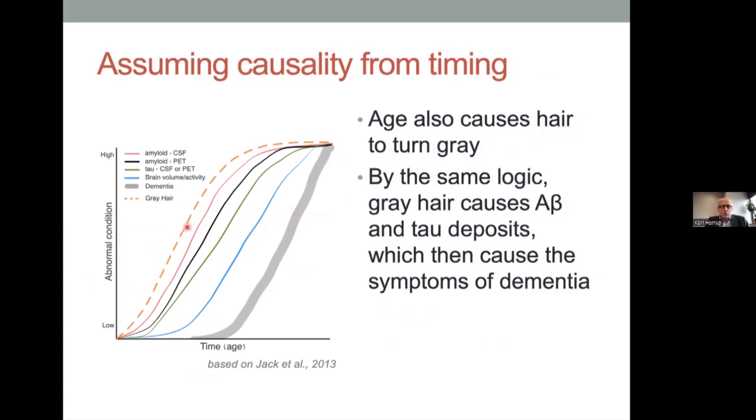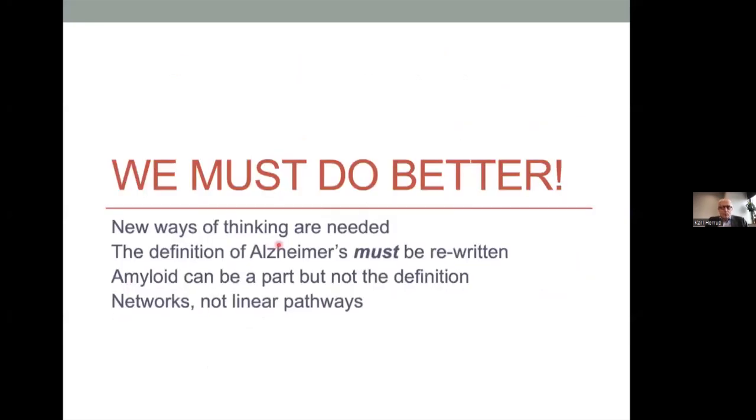And by that standard, using the very same logic that Jack et al. used in preparing this graph, by the very same logic, I could hypothesize that gray hair causes amyloid deposition, which causes tau deposition, et cetera, et cetera. I'm being ridiculous, of course. But my point is that logically, this is a hypothesis. This is not data. And you need to remember that. So we really have to do better.